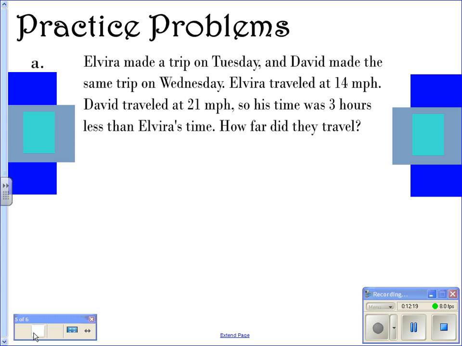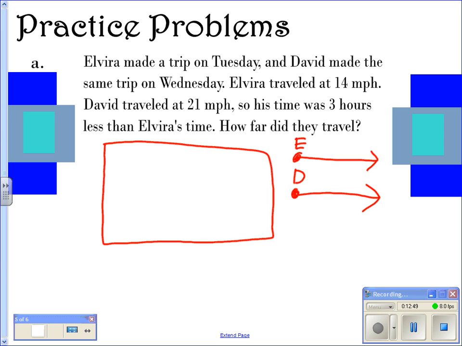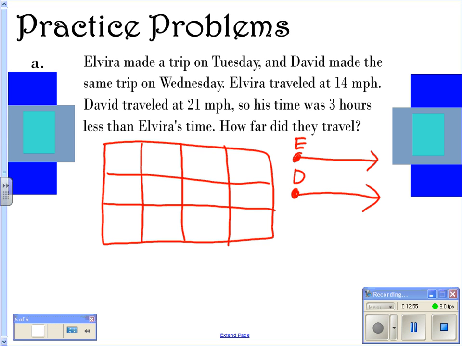Does someone want to go draw the picture of what's happening? Do you agree? Hold on.